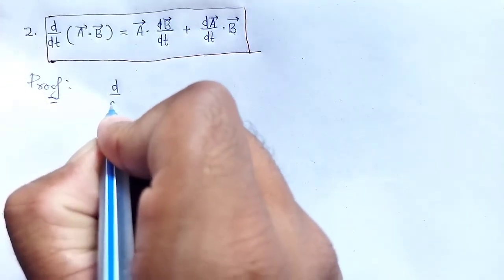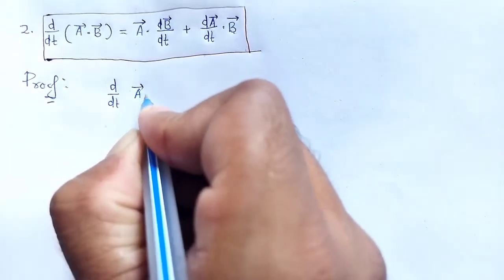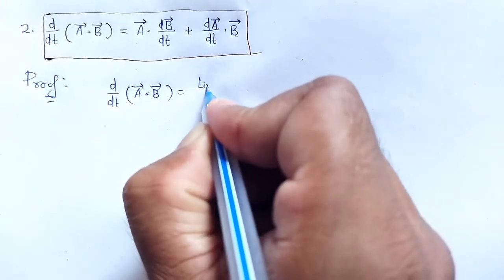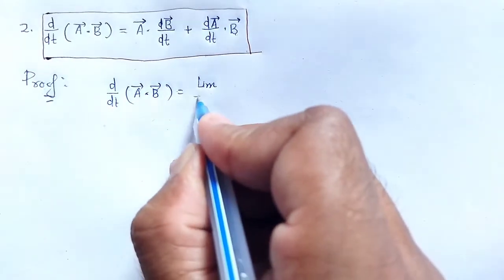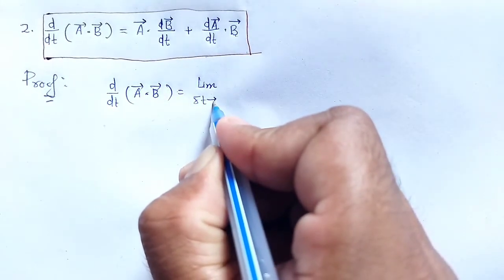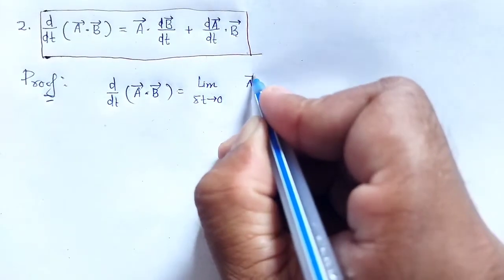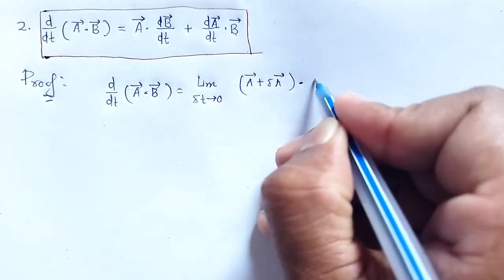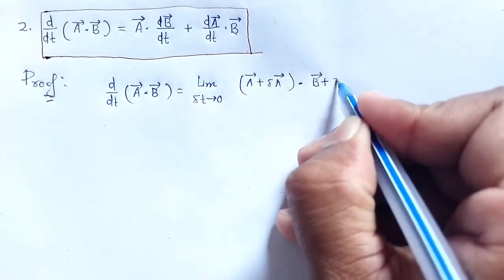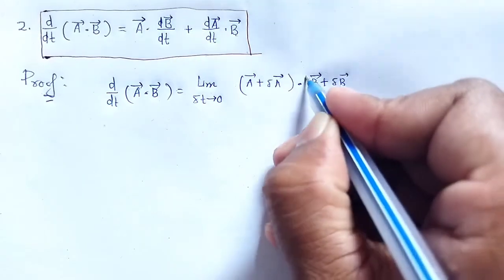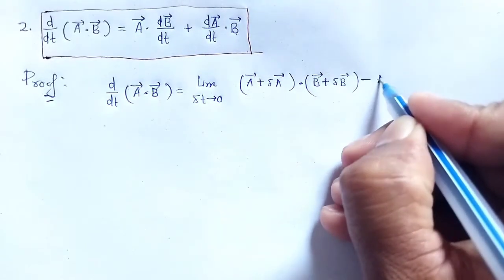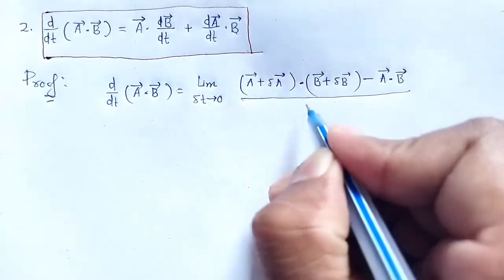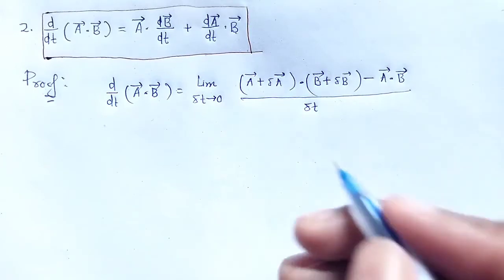d by dt of a vector dot b vector, according to the definition, is limit del t tends to 0 of a vector plus del a vector dot b vector plus del b vector minus a vector dot b vector, divided by del t.